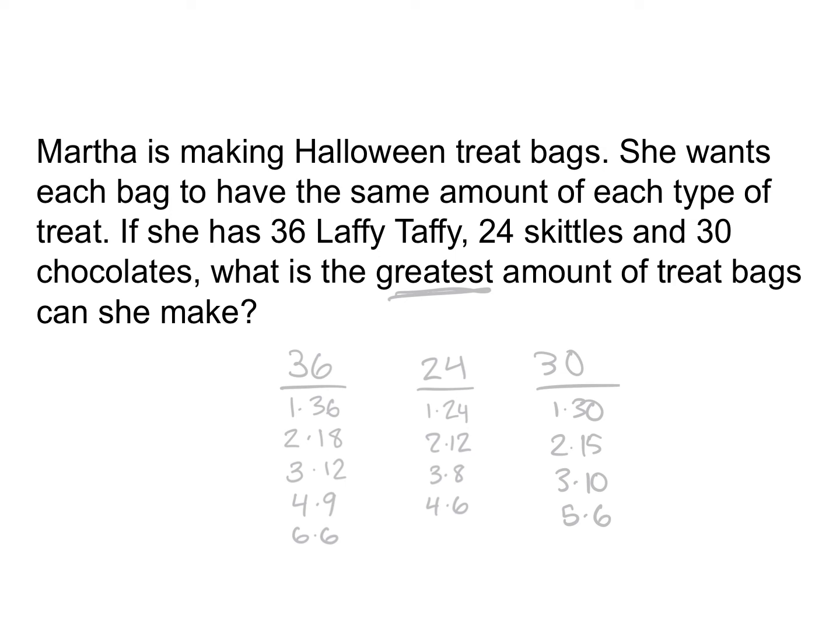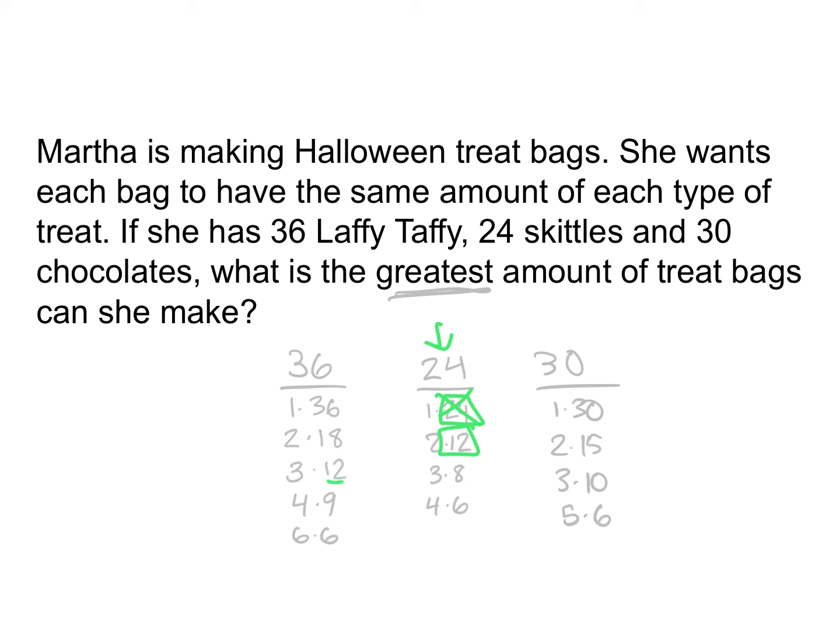So I'm looking for the greatest common factor, the biggest grouping I can have of all of them. So I'm going to start with my smallest number, 24, and I'm going to check, is a 24 in all of the lists? It's not. How about 12? Is 12 in all of the lists?